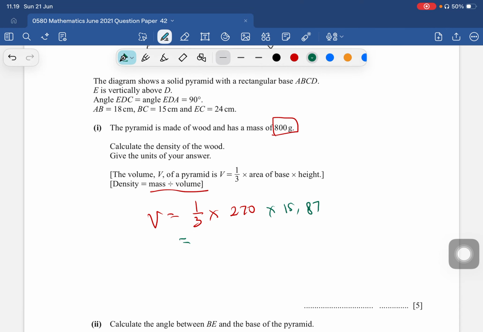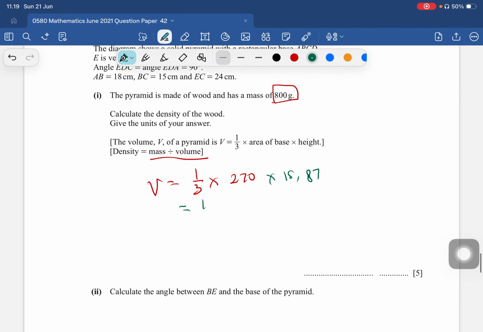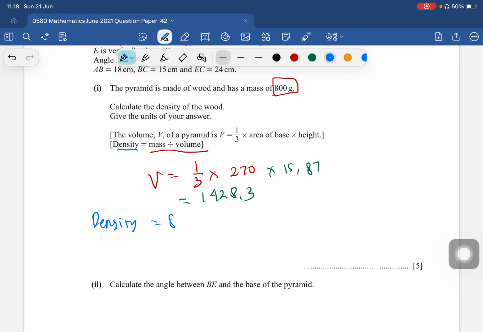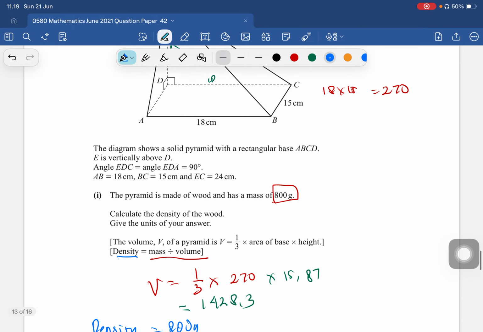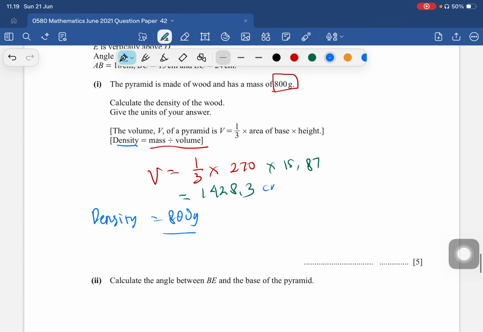So let's proceed here, the volume. So 270 multiplied by 15.87. Then we divide by 3. So we got 1428.3. The density, so the density is the mass, which is 800 gram, divided by the volume 1428.3.